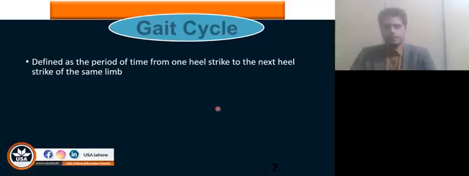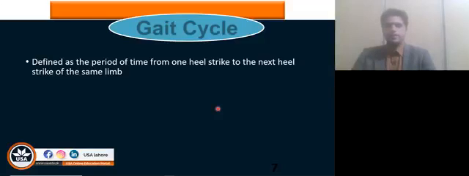Or another way to define a gait cycle is the period of time from one heel strike to the next heel strike of the same limb, as shown in that image above. Because of this reason, the limits of a stride can be demarcated by the occurrence of a specific gait event.